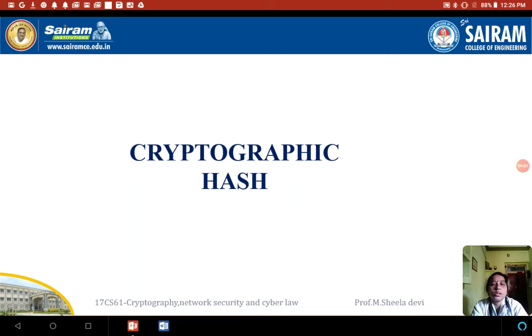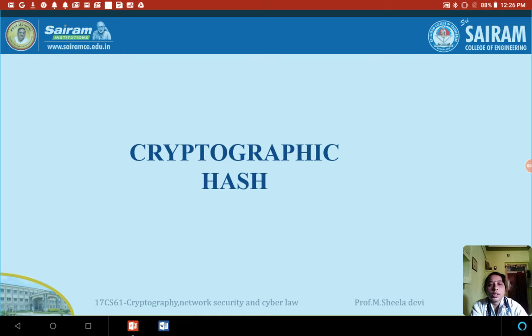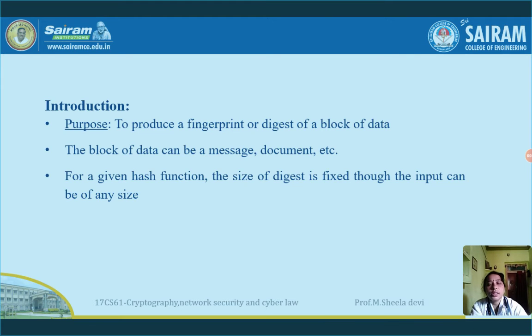We are going to see cryptographic hashing. So what is hashing? Hashing is the process in which we convert the plain text message into a fixed-size digest. We can have a message of any size.